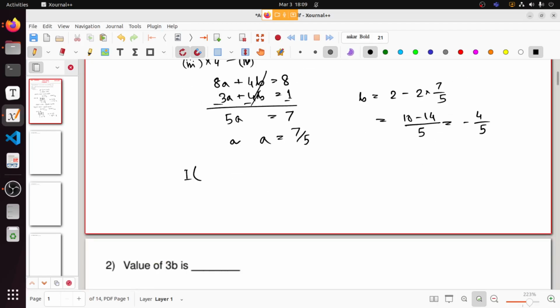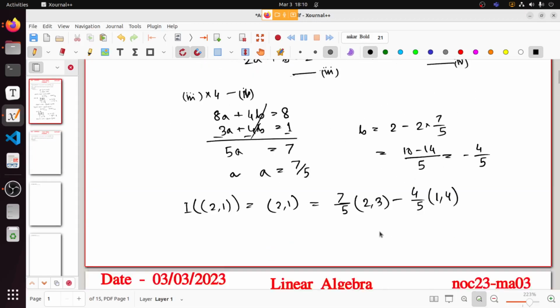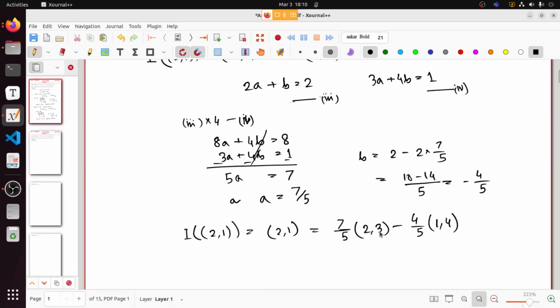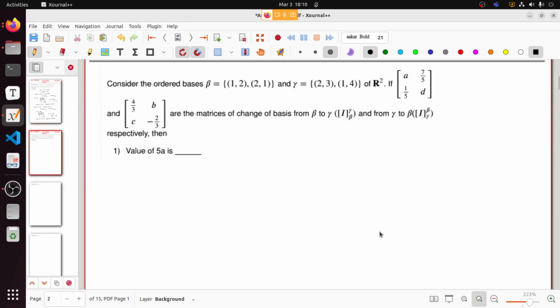So I of (2, 1) you can write as 7 by 5 into (2, 3) minus 4 by 5 into (1, 4). Then what will be the matrix corresponding to this transformation? We have to write it column-wise.